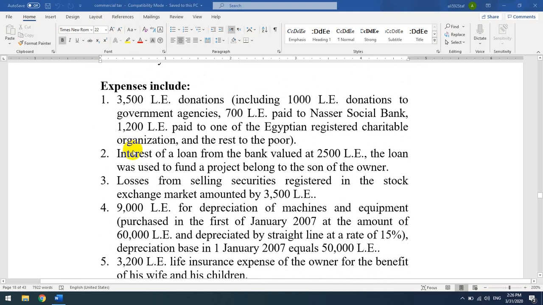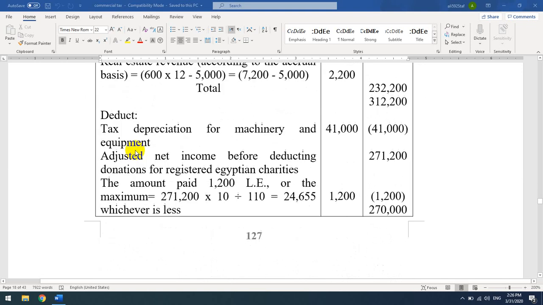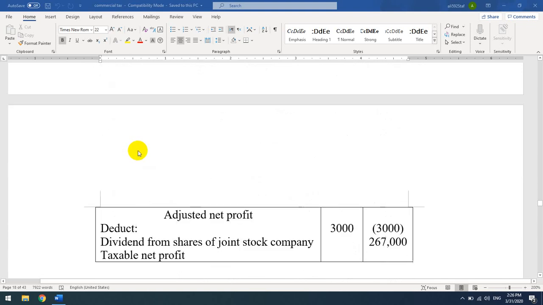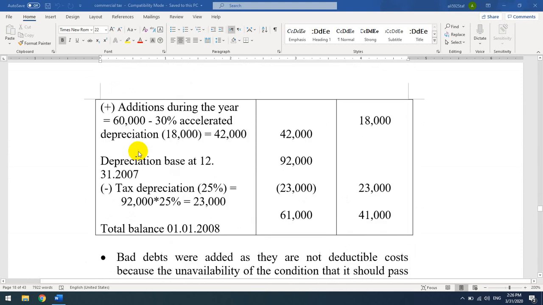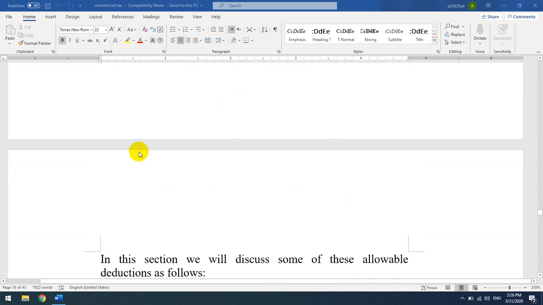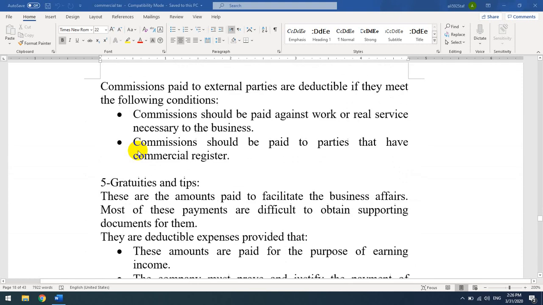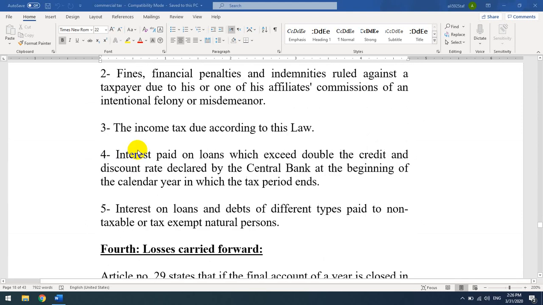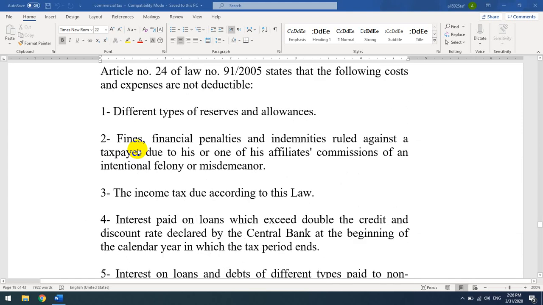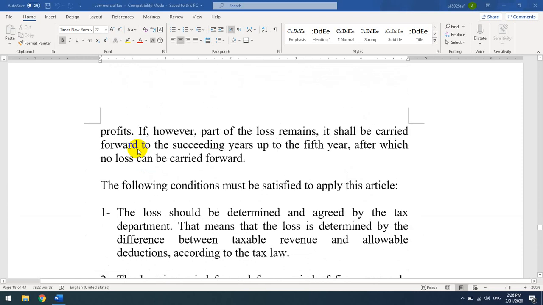Another point we want to talk about is the exceptions from this tax.